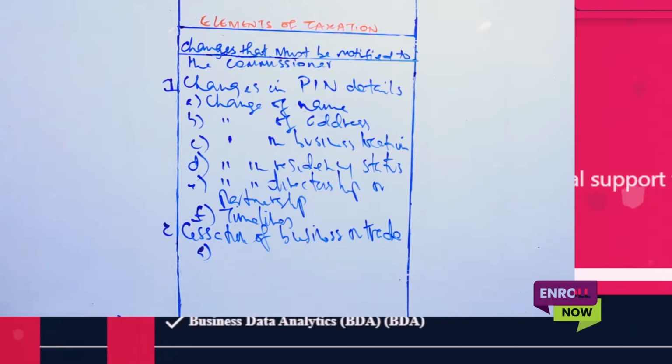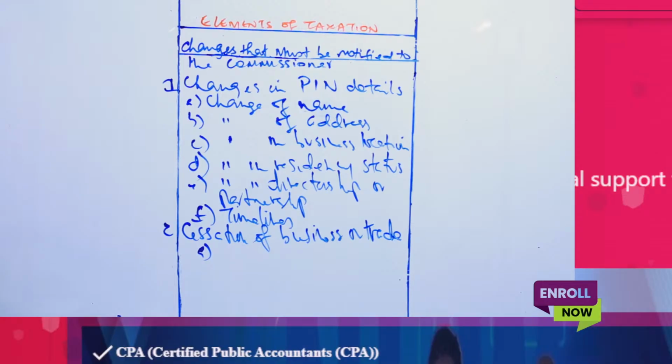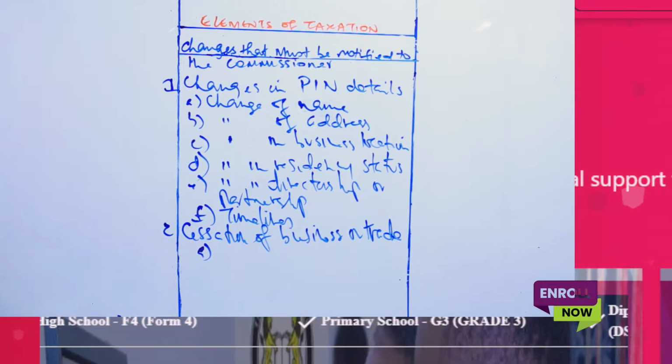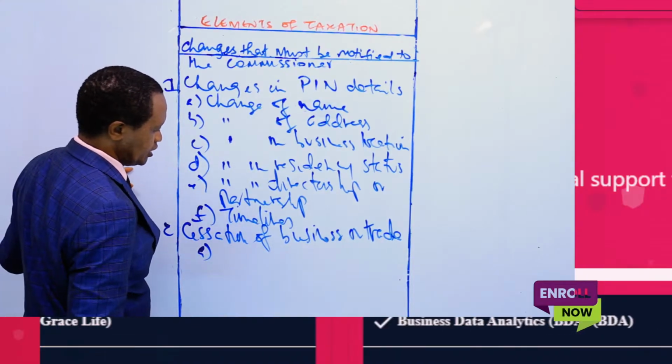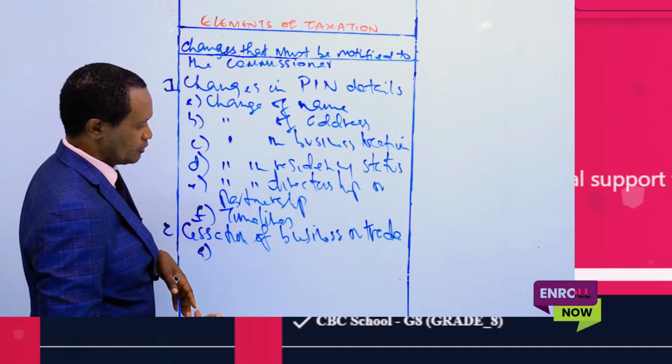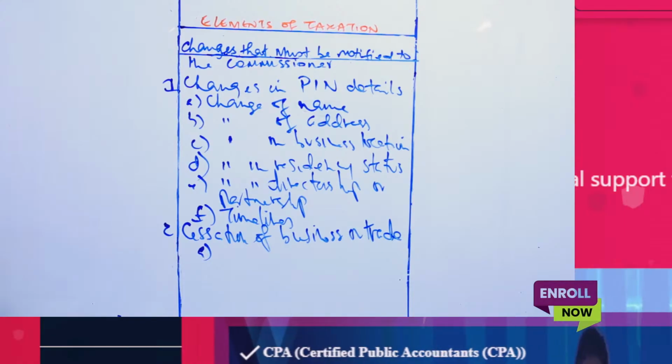If a VAT registered person ceases to make taxable supplies or their taxable turnover falls below the prescribed threshold of 5 million for a continuous period, then they are obligated to apply for deregistration from VAT. You understand? And what are the timelines?